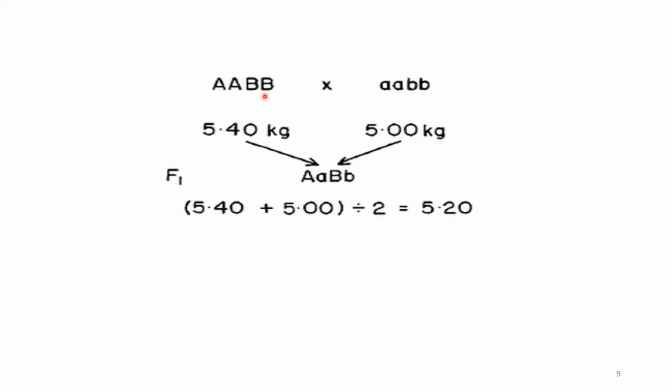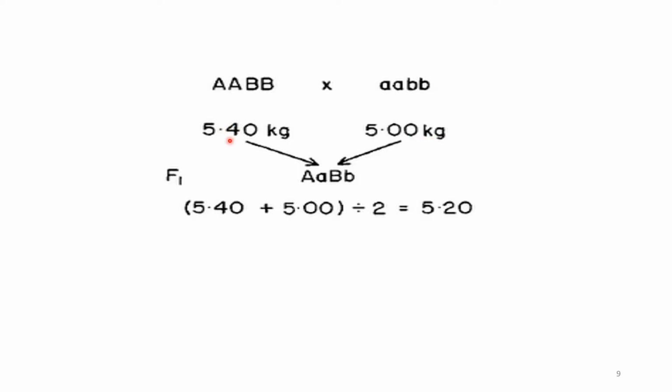So when a dominant allele with this shape is mated to the basic one, you recall that capital A and capital B add 0.1 to the basic weight. It means that animals carrying this genotype are going to have 0.4 more kilogram added to the fleece weight compared to the basic line, which is just 5.0.